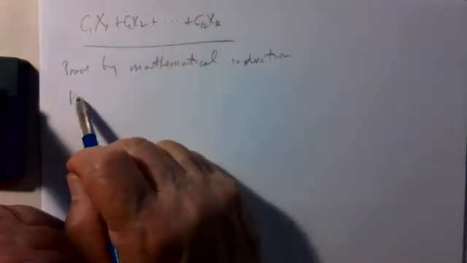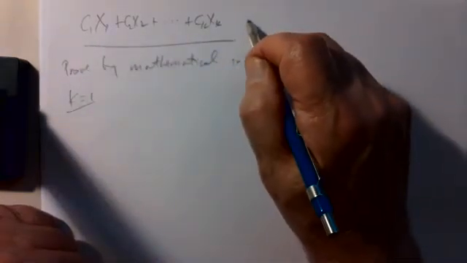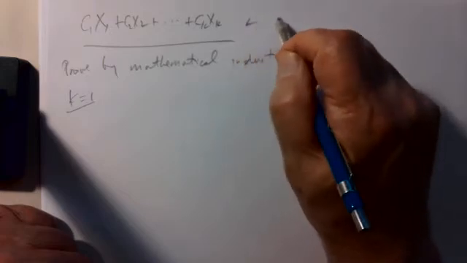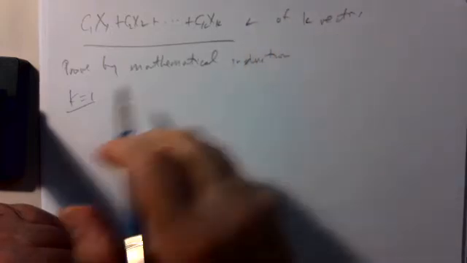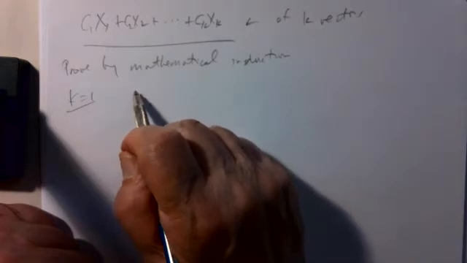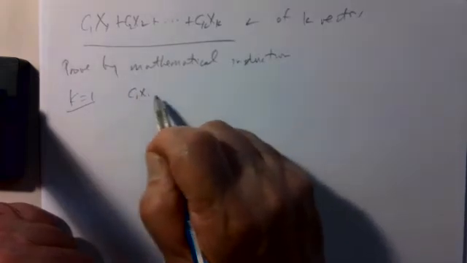Let's consider just k equal 1. So consider this is a linear combination of k vectors. Suppose k is 1. You just have c1x1.